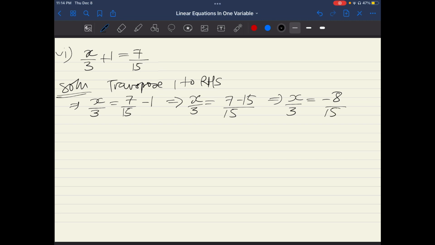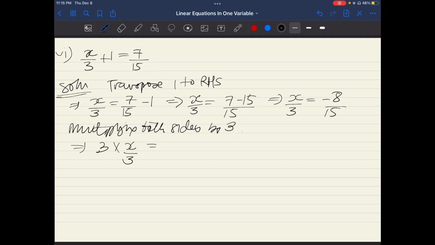And now the second mathematical operation we will be performing on this is multiplying both sides by 3. We will get 3 times x over 3 equals minus 8 over 15 times 3. We get x equals minus 8 over 5.